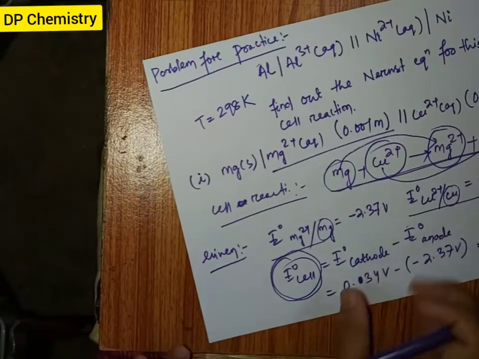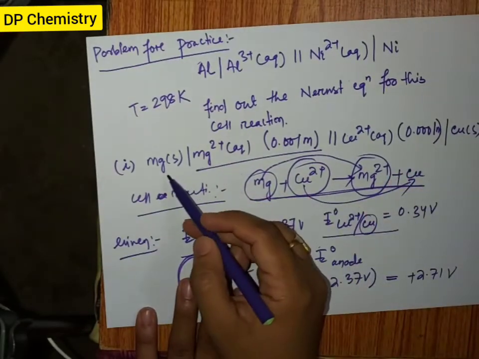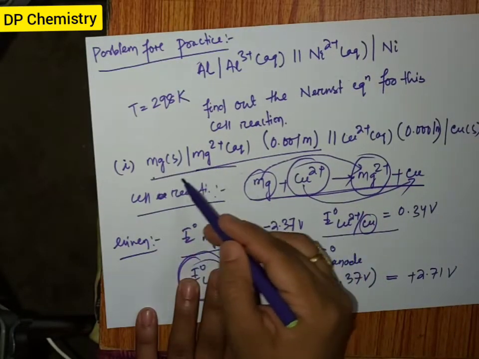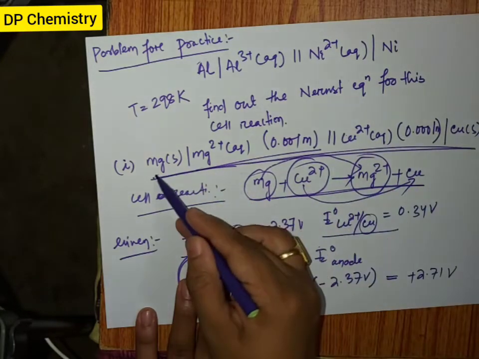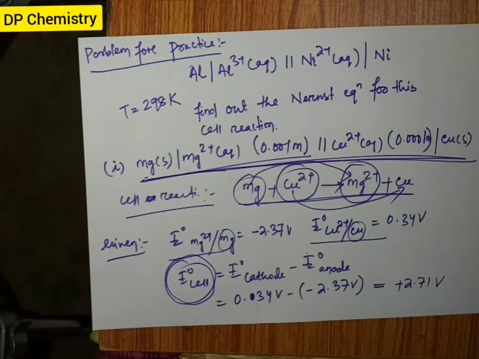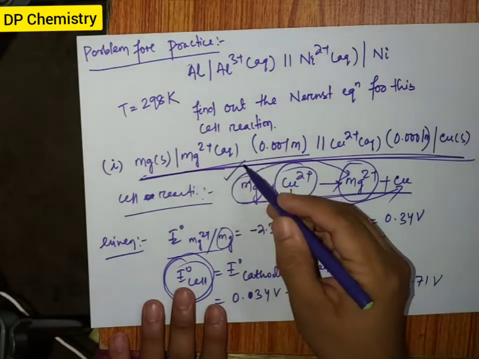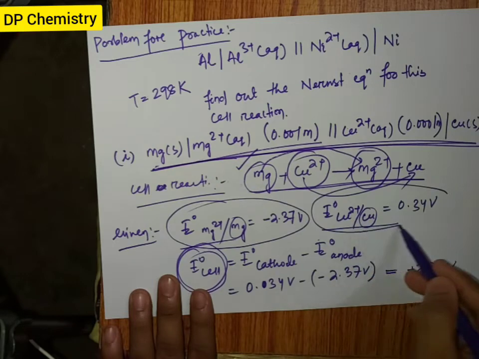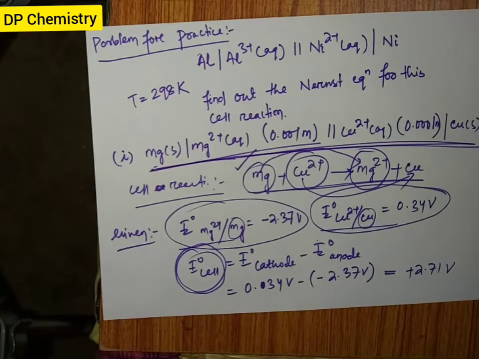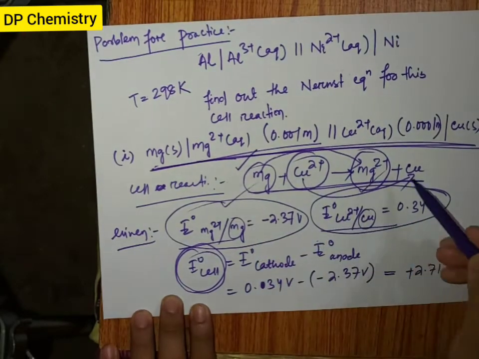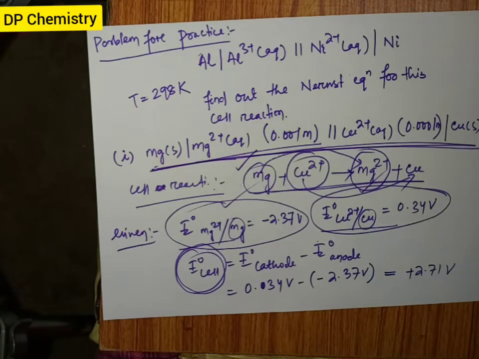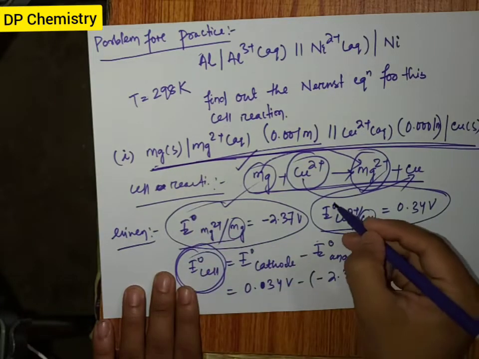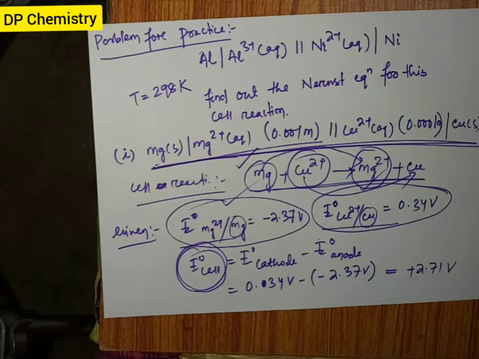So in this case, you will be given a cell representation. Okay, you will be given the cell, then you have to find the cell reaction itself. You will be given two reduction potentials. If you are given the standard reduction potentials of the two electrodes, then you can find the E naught cell value.